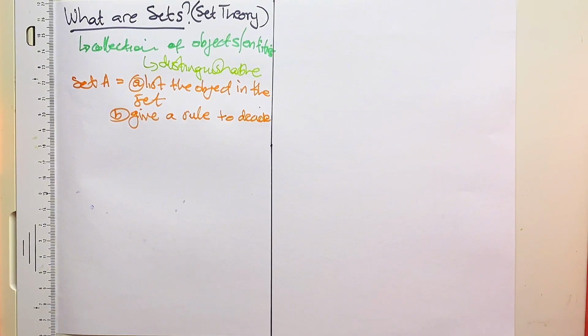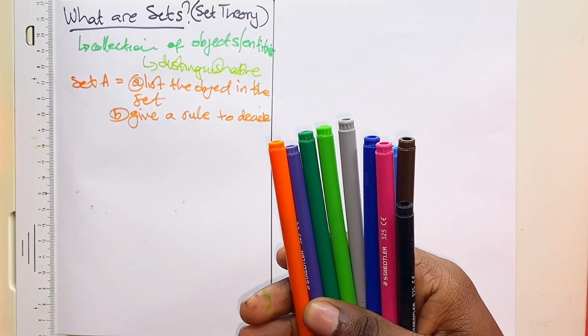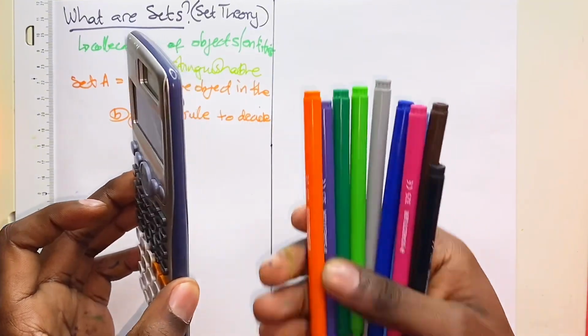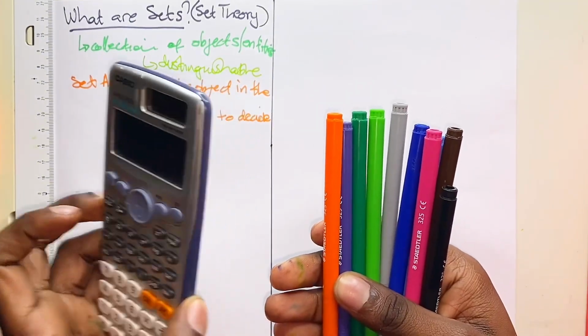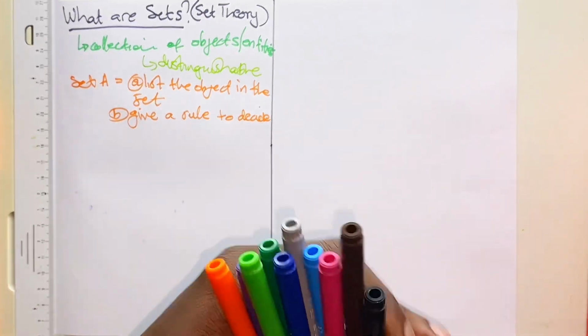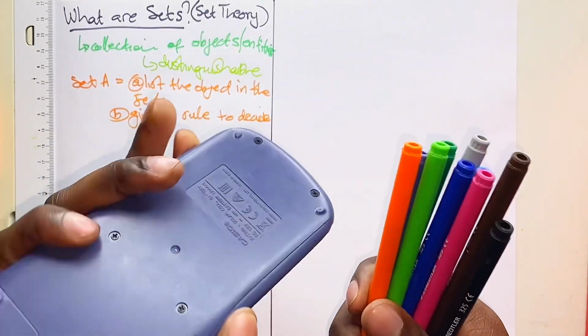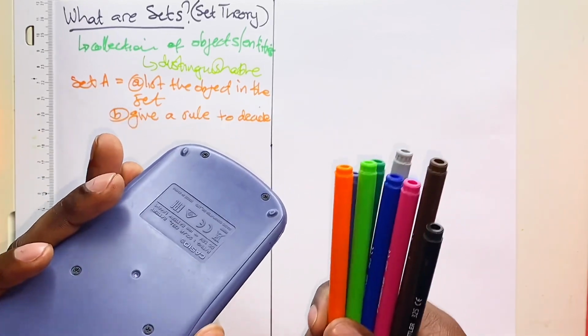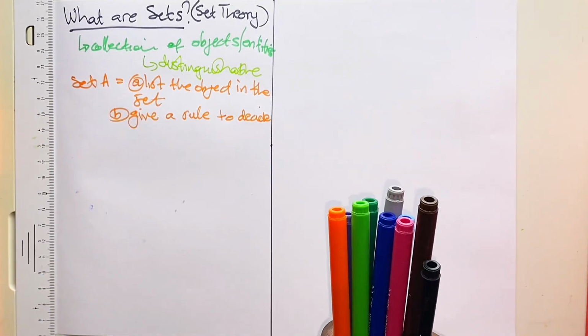If I say that set A consists of different colored pens, does this calculator belong to the set? No, it does not, because according to my rule, it must have a color, it must be a pen, so it must be able to write something down.